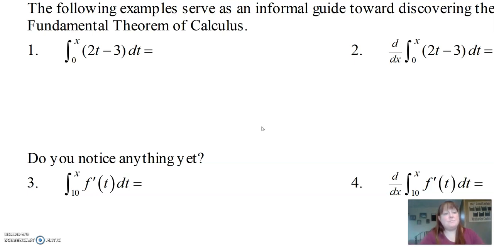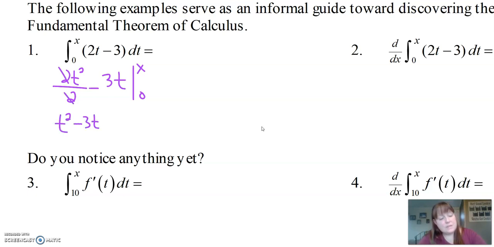I have to integrate. So that would be 2t squared over 2 minus 3t evaluated from 0 to x. Obviously those 2's divide each other out, and I have t squared minus 3t evaluated from 0 to x, which equals x squared minus 3x, right?